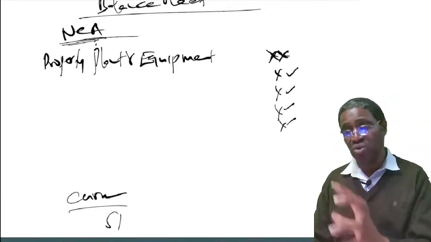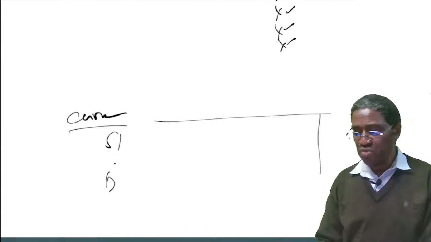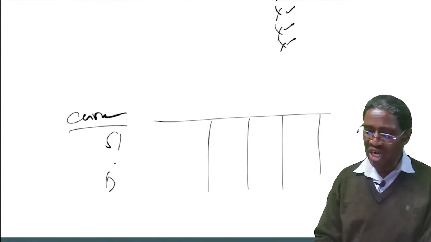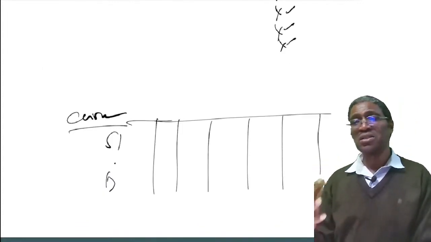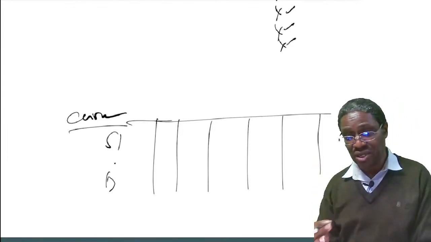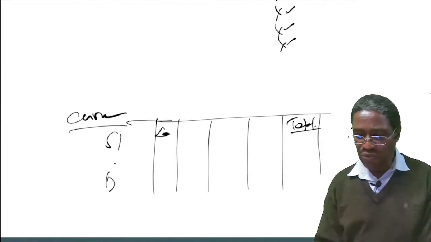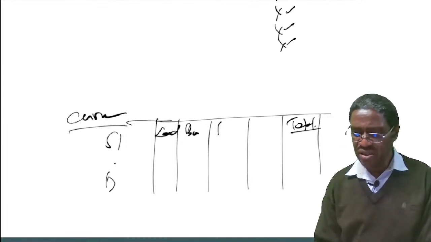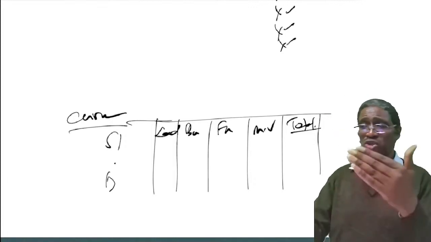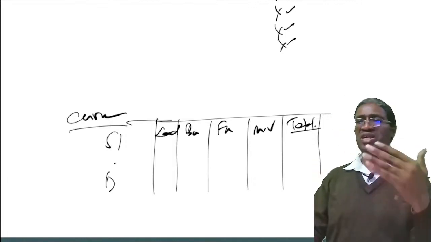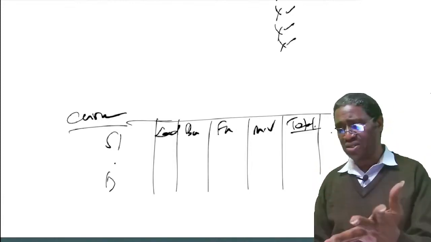You learned how to prepare a fixed assets movement schedule, which had various columns, each column representing a fixed asset. Then the last column was for the total. You used to have a column for land, building, furniture, motor vehicle, and so on. Then you had to show the cost part of it, the depreciation part of it, and the net book value part of it. You remember this, okay?